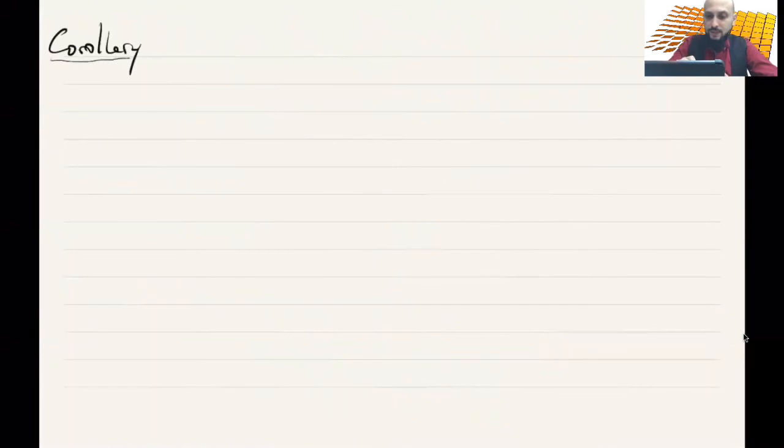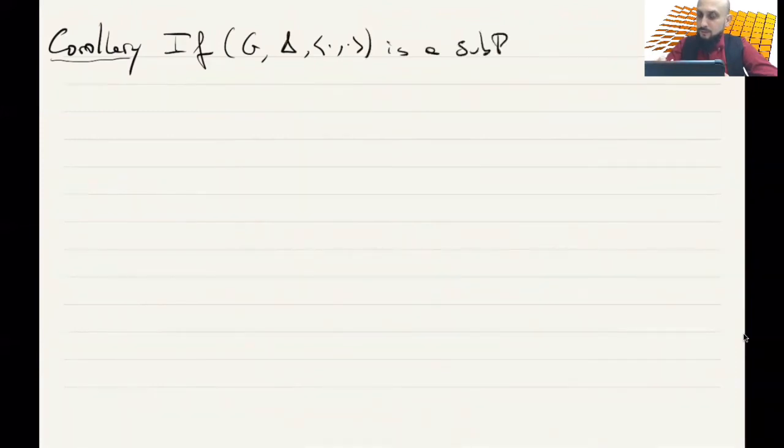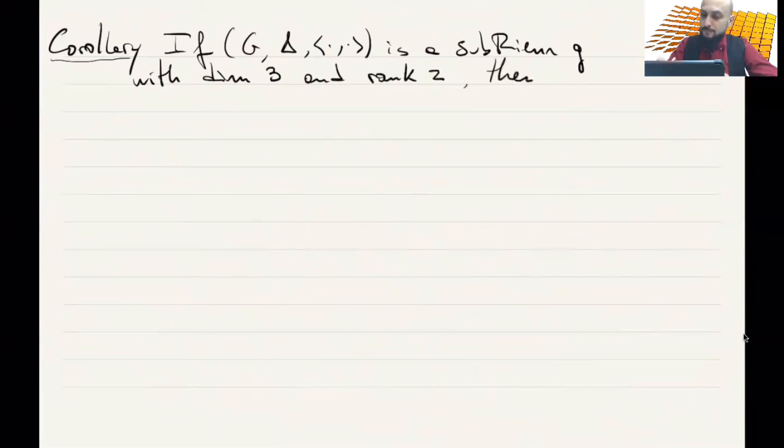So if you have G, Delta, the scalar product, a sub-Riemannian group with dimension 3, topological dimension 3 as a manifold, and rank, the Delta has rank 2, then no constant speed geodesic is abnormal.